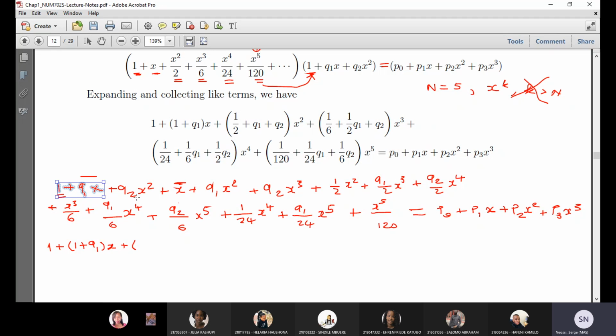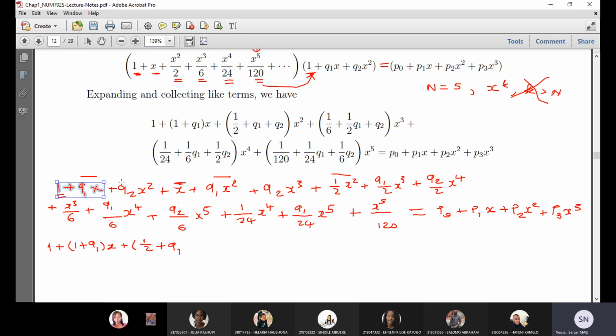Now let us take all the coefficients of x squared. The coefficient of x squared, so if I look throughout, so this is 1/2 x squared. So I have 1/2 there for this one. Another x squared is this one, which is q1.